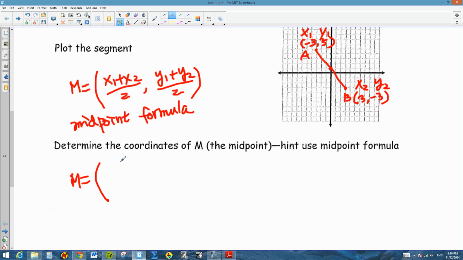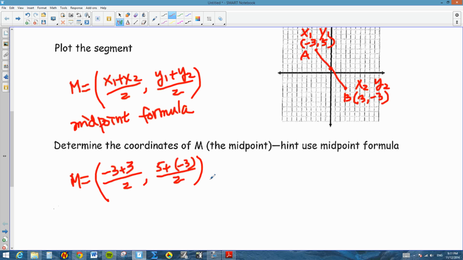So you plug in x1, which is -3, plus x2, which is 3, divided by 2. And y1 is 5, plus y2, -3, divided by 2.